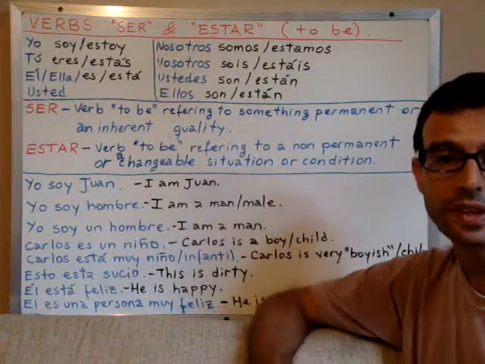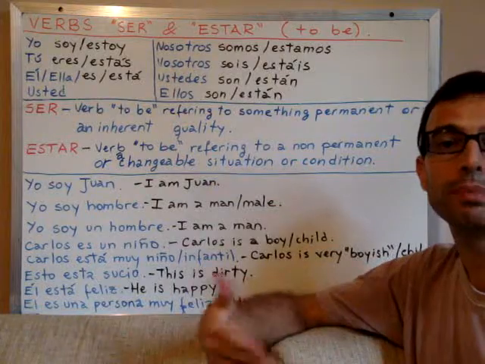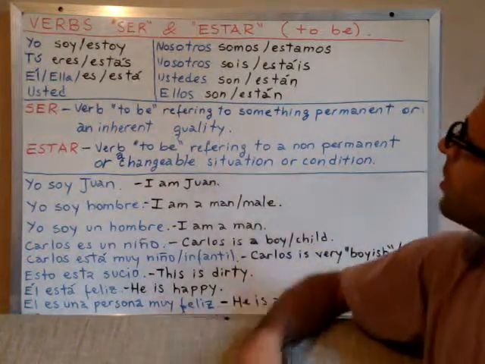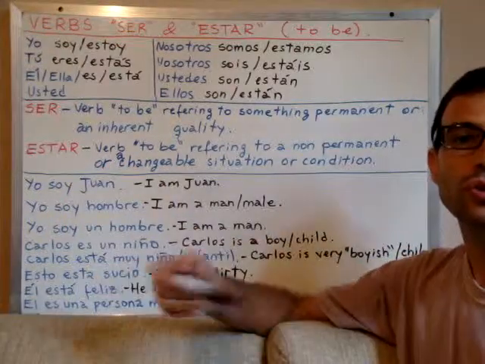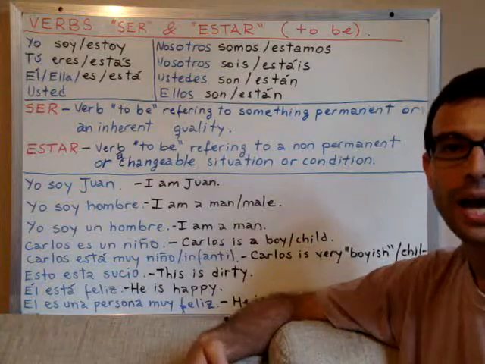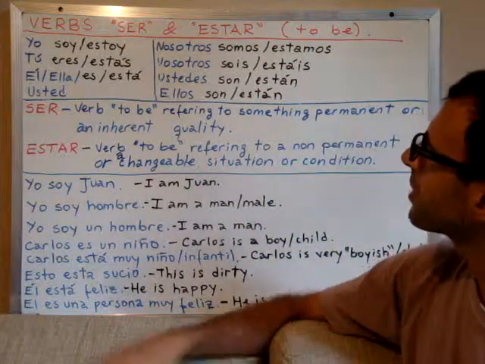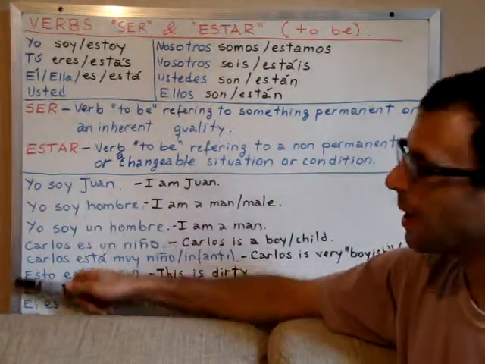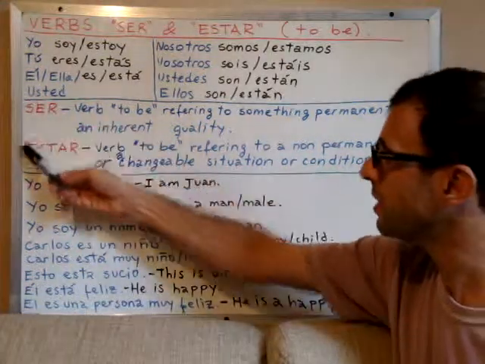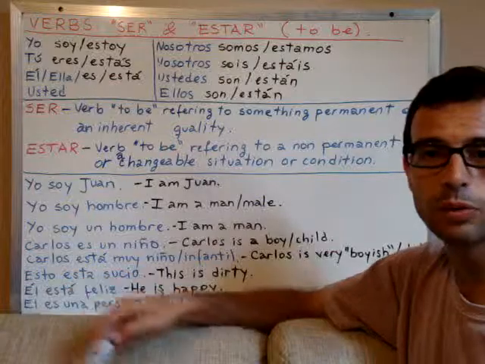Happiness is a state of mind or of spirit that can change anytime. So we use the verb estar. Yo estoy contento or feliz. I am happy. Now let's see some examples here, because it's not so straightforward as it may seem, but with this it will become easier.